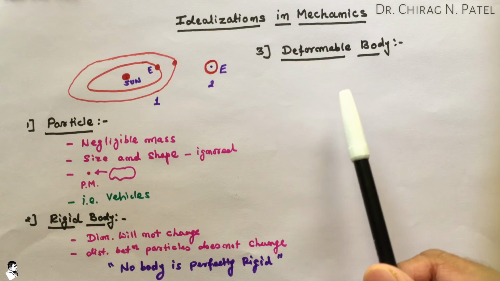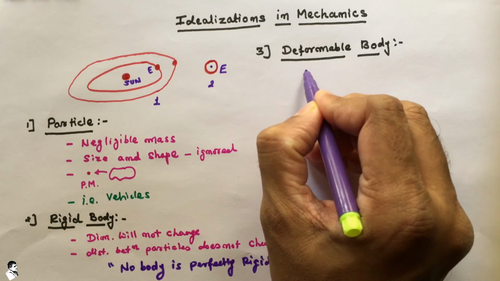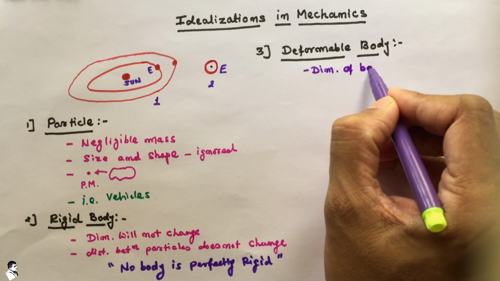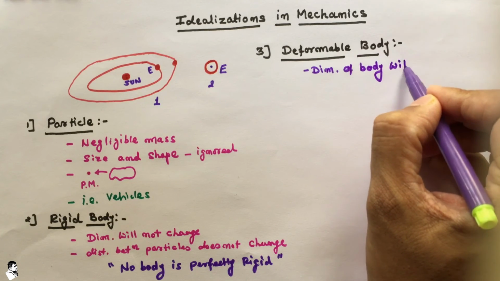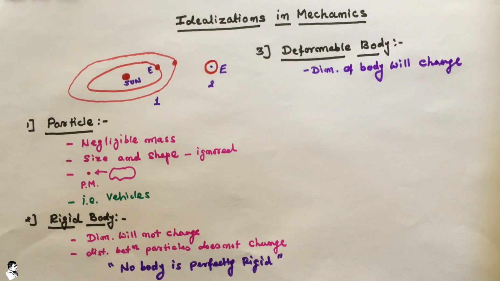But in a deformable body, the dimension of the body or the element will change. In the same way, the distance between the particles will change. So when we apply a force on a body and that body deforms under the application of load, that type of body is generally known as a deformable body.